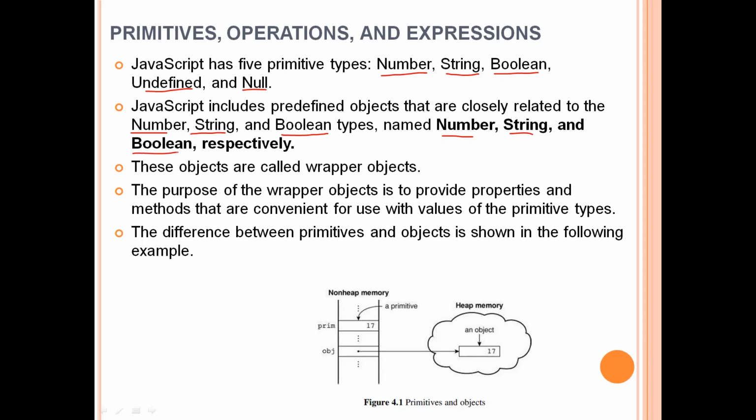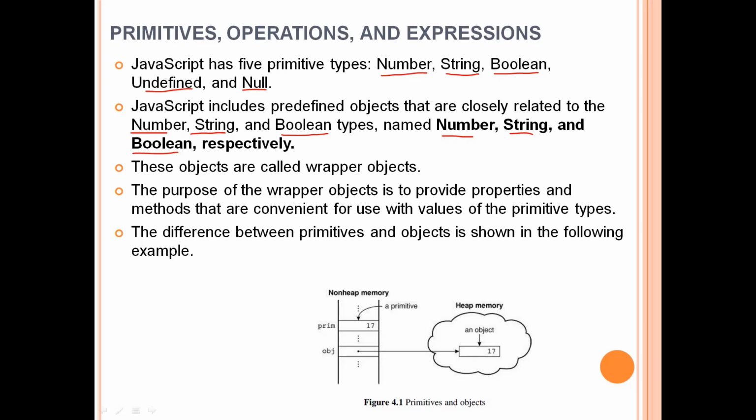So JavaScript has 5 primitive types and it also has predefined objects which relate to number, string and boolean, and these objects are called wrapper objects.